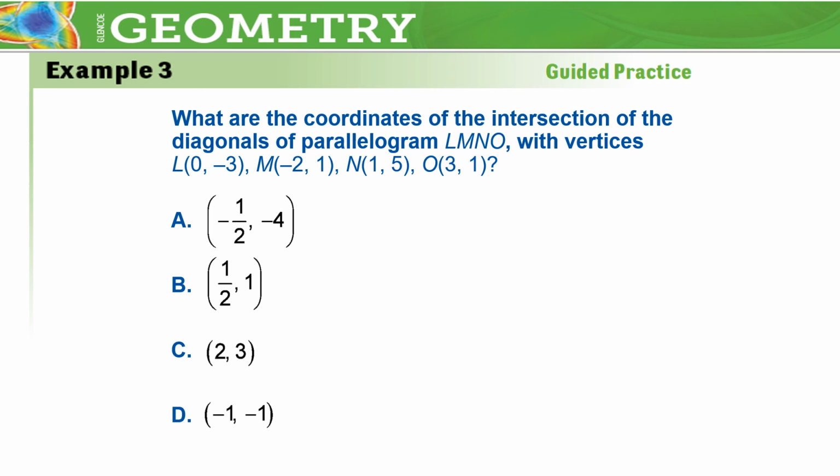Say the midpoint of LN: 0 plus 1 will be 1 over 2, 1 over 2. Negative 3 plus 5 will be 2, 2 over 2, 1.